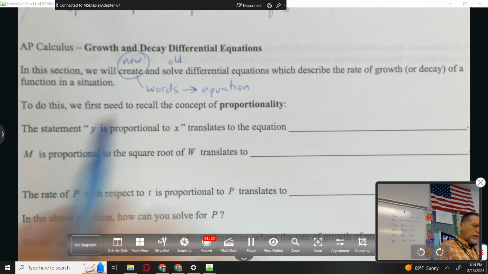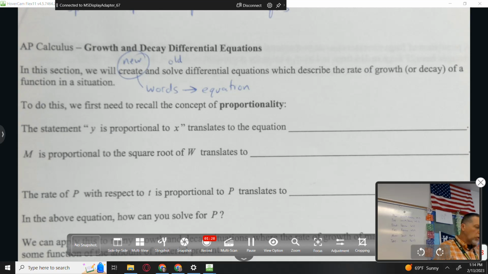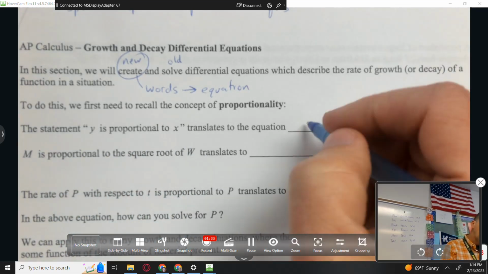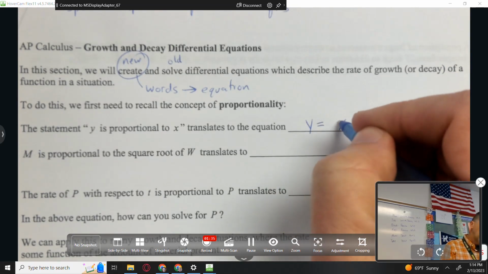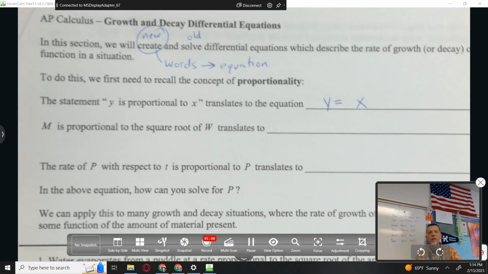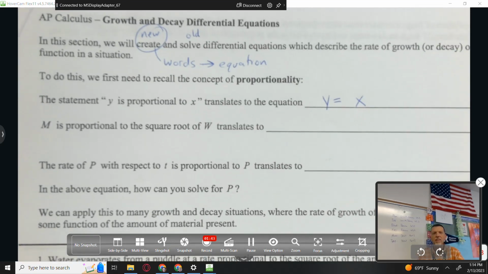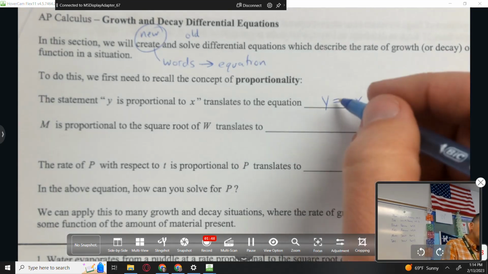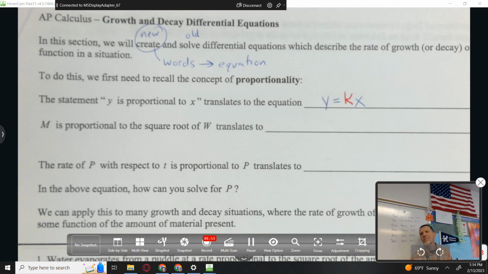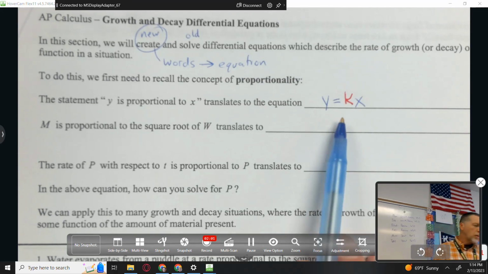To do this, first we need to recall the concept of proportionality, meaning the statement y is proportional to x. Do you remember how to write an equation that means that? It's an equation, it has a k in there.